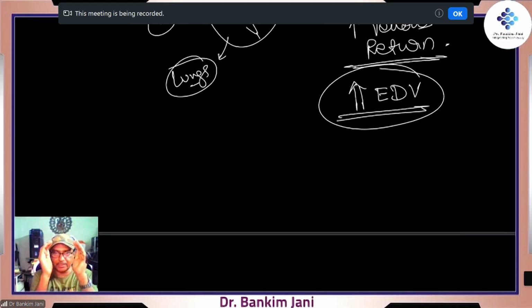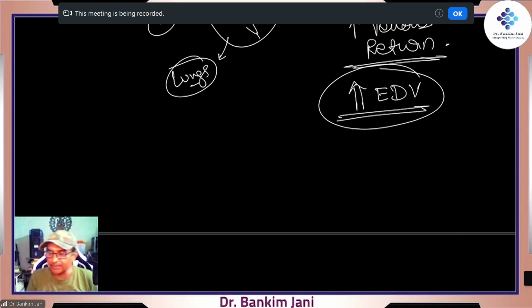This is the left atrium, blood pushed, and now this is the left ventricle. So the left ventricle would be stretched because more blood is coming from the top. The left ventricle is telling you, don't stretch me much, because if you are stretching my sarcomeres, if you are stretching my muscle fibers more, they are like a rubber band. They will contract with more power. This is what is called sarcomere lengthening.